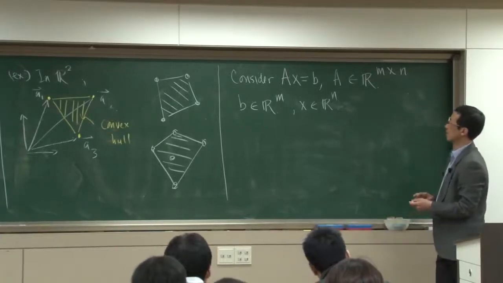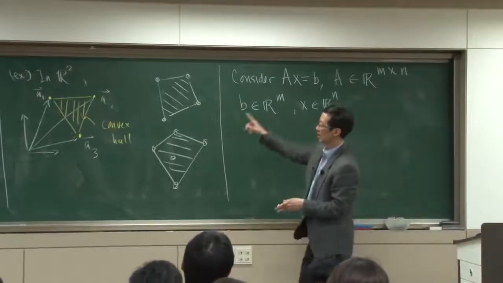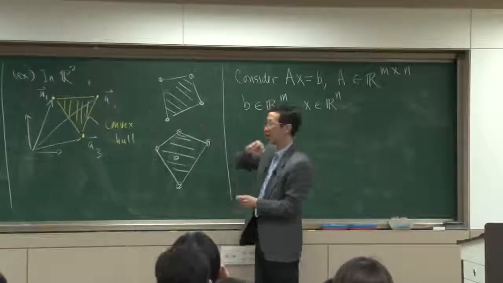Think of the columns of A as these vectors Ai.